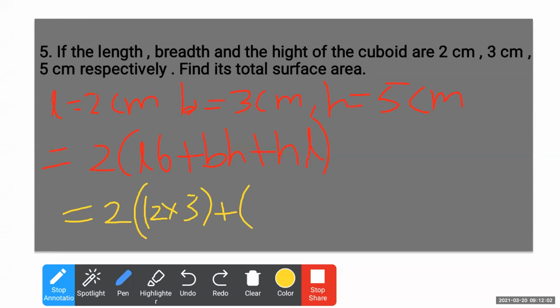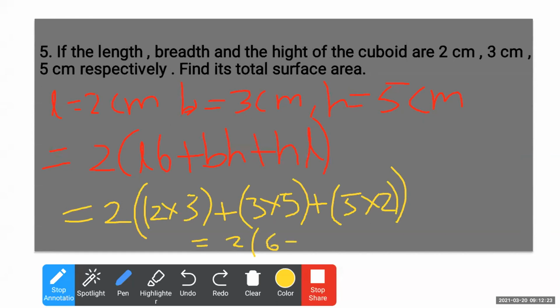What is the breadth? 3 centimeter into 5, plus height into length. Height is 5 into 2. So 2 into 3 will be 6, plus 3 into 5 it will be 15, plus 5 into 2 it will be 10.